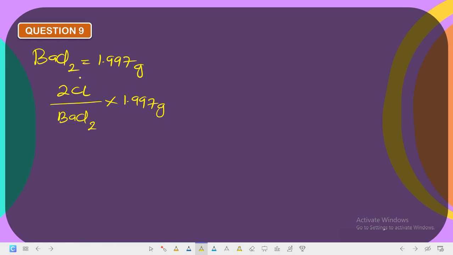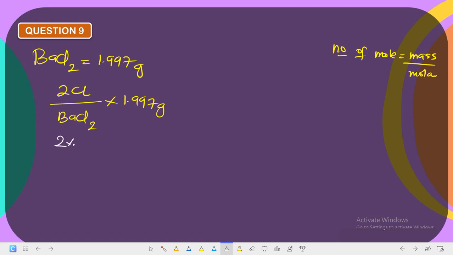So if you calculate the mass of chlorine, you should be able to determine the mole of chlorine by noting that number of moles is mass over molar mass. Now, how do we go about this?